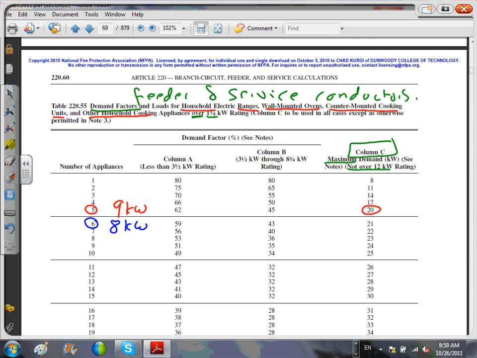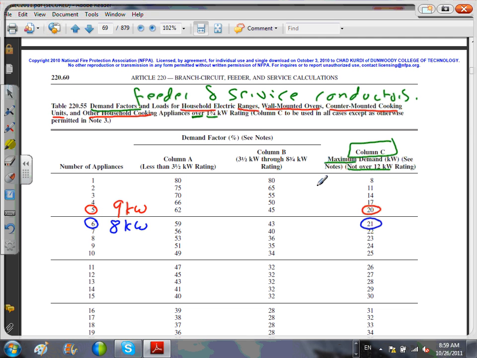What's my default? 21. But what's my default? Always C. Then ask yourself, can the 8 be under any of these columns, A or B?